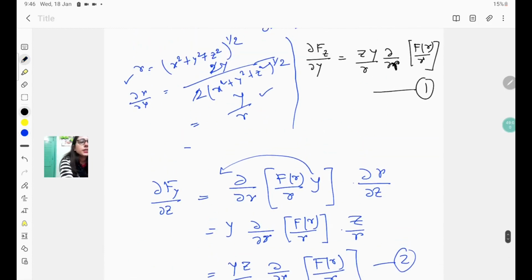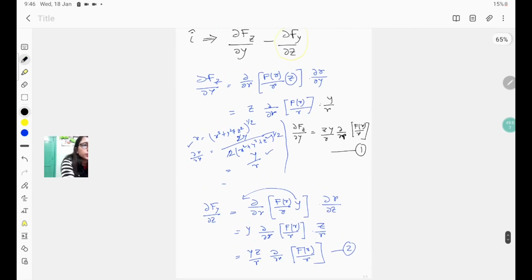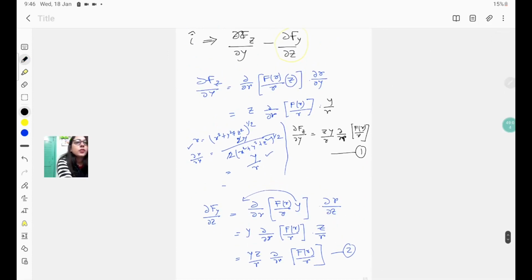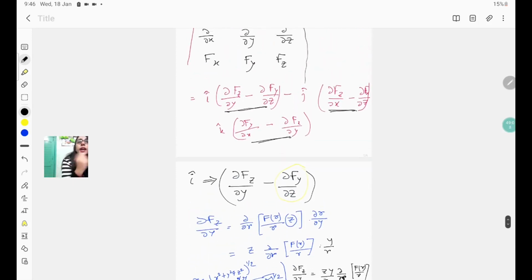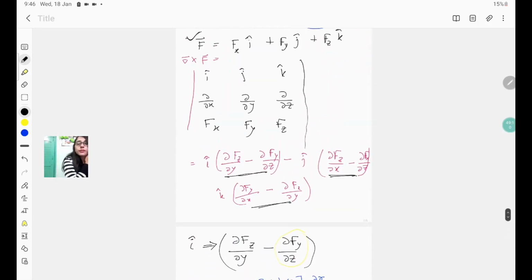Now from equation number 1 and equation number 2 we can see the coefficient of x vector, or the coefficient of I cap for the curl of f. For the curl of f we are just expressing these two values, right? This one and this one.